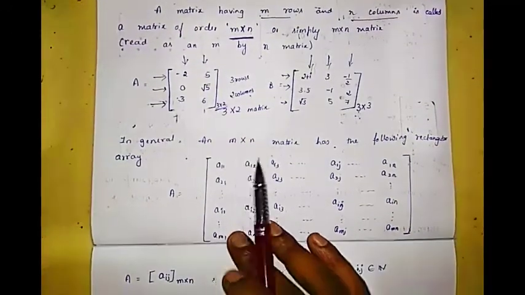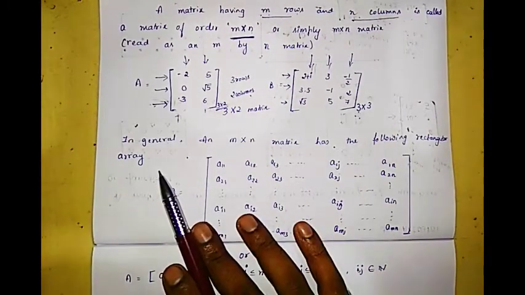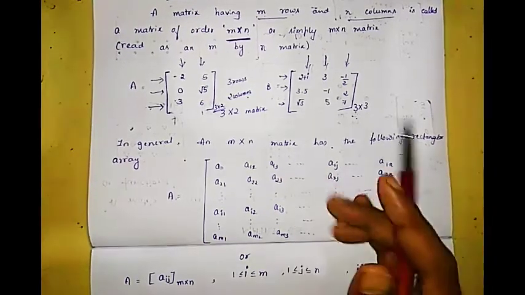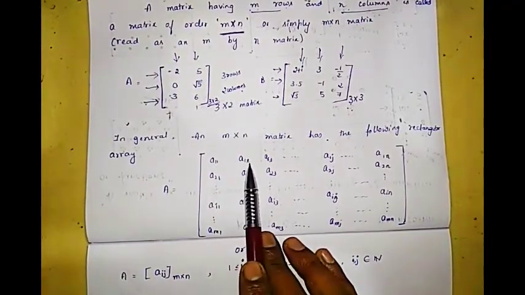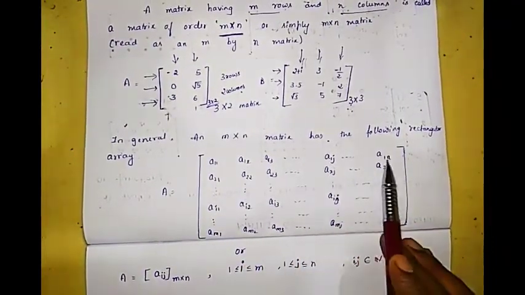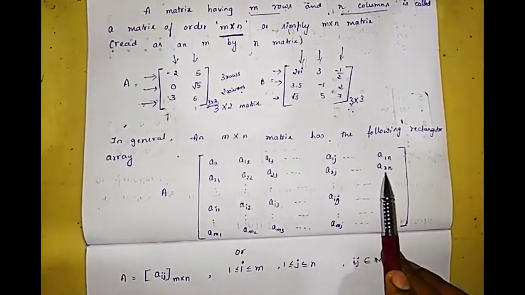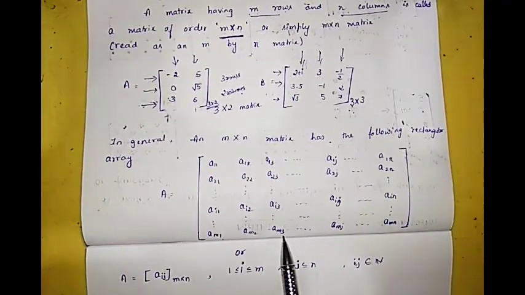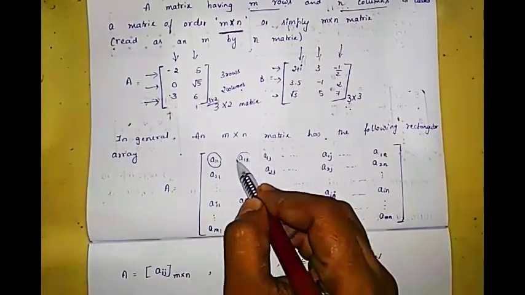In general, an m by n matrix has the following rectangular array: A11, A12, A13, A1j, A1n, A21, A22, A23, A2j, A2n, up to Ai1, Am1, Am2, Am3, Amj, Amn. These are the elements of the matrix.